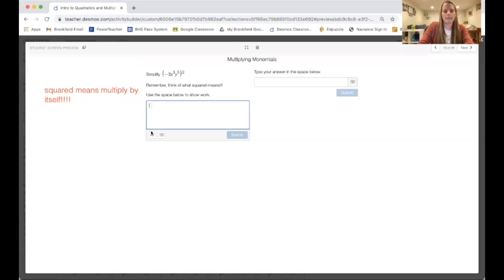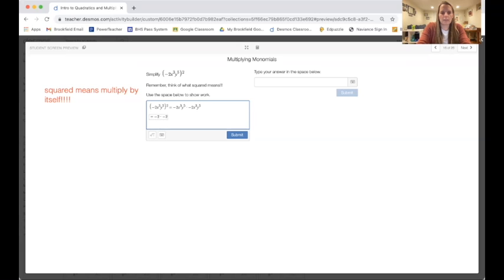So what this means is -2x to the 3rd y to the 5th squared means you want to do -2x to the 3rd y to the 5th times the same thing. So multiply it by itself. Then that's where I can rearrange if I want.